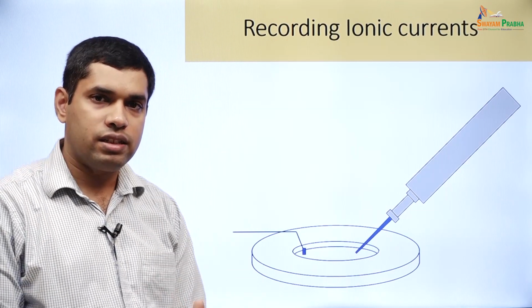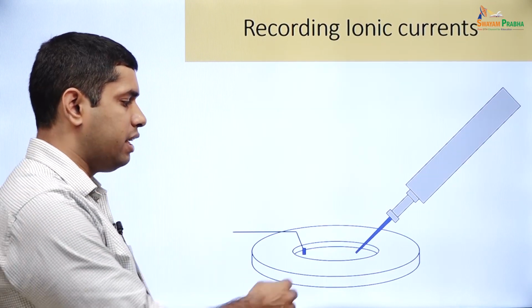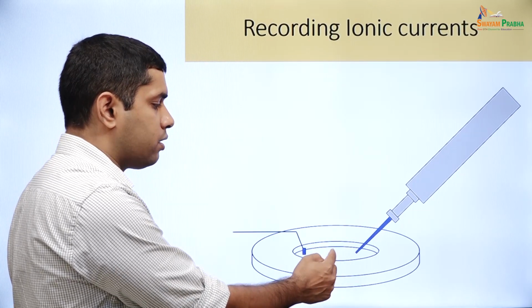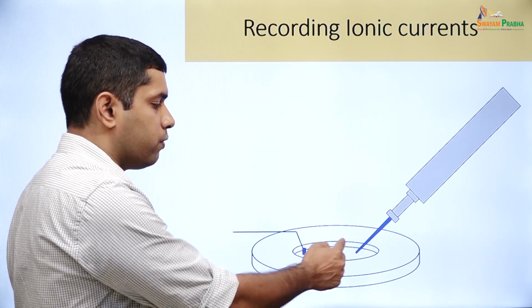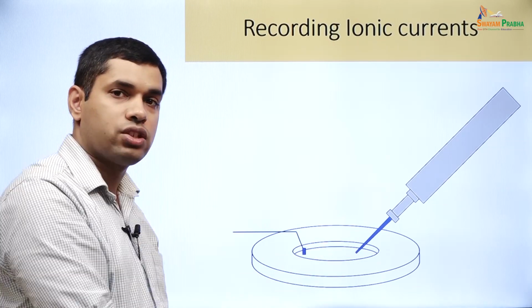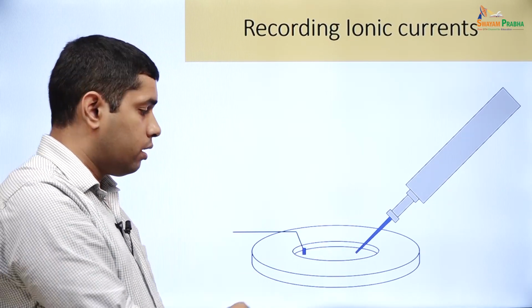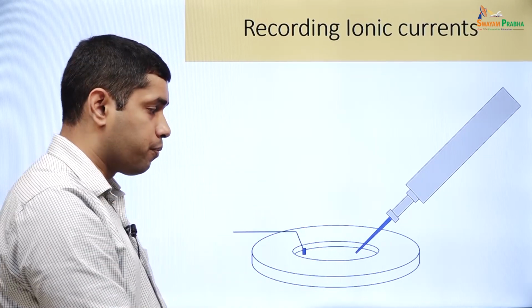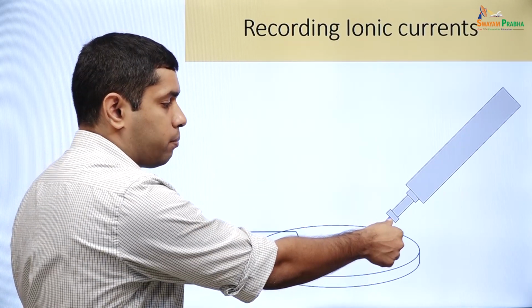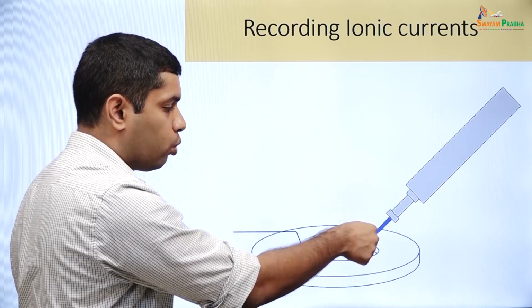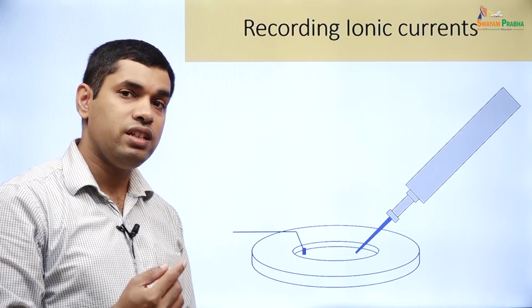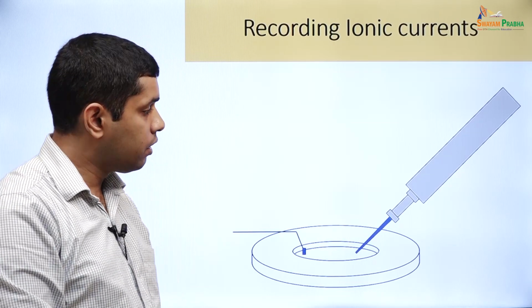A cell is taken and placed inside a petri dish or a bath, and this bath is filled with a fluid which is similar to the extracellular fluid. This bath has an electrode, so there is now an electrode outside the cell. A glass pipette is taken onto a pipette holder, and this glass pipette is filled with a solution that is similar to the intracellular solution.